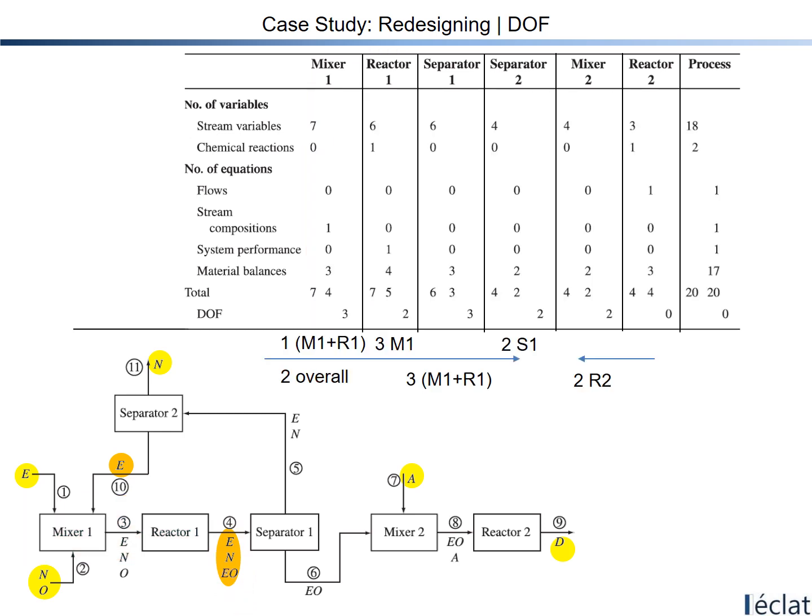Then let's go to each unit: the mixer 1, reactor 1, separator 2, mixer 2, reactor 2. I have calculated the degree of freedom for each unit like that. And then it's time to calculate the mixer 1. So we have 3 degrees of freedom. From the system including mixer 1 plus reactor 1, we could find 1 more piece of information.